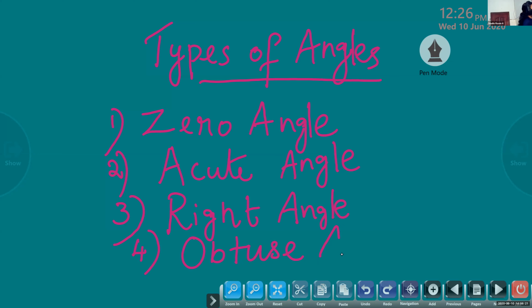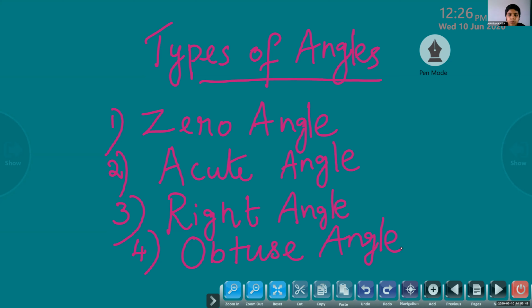Okay, children, you can write these 4 types of angles in a rough book now. When you are writing in the class, don't write notes. In the classes we write only the keywords. Just look at the board and write.